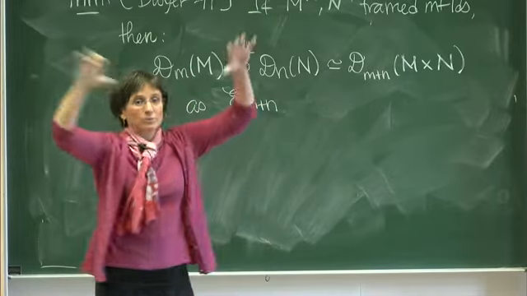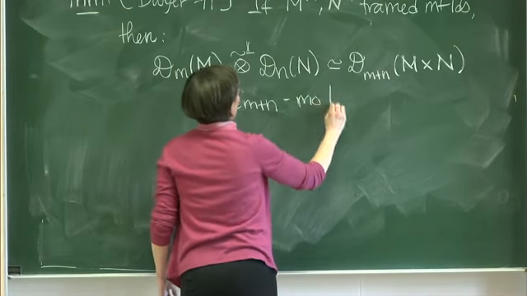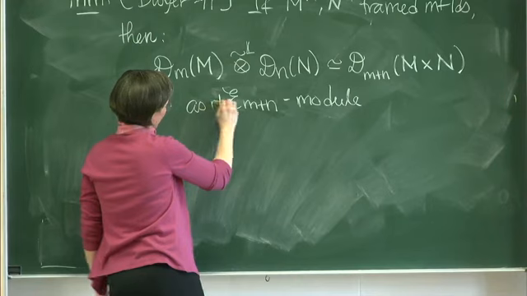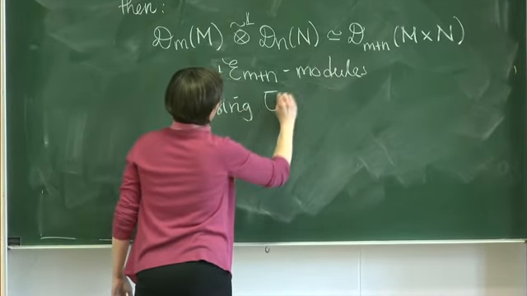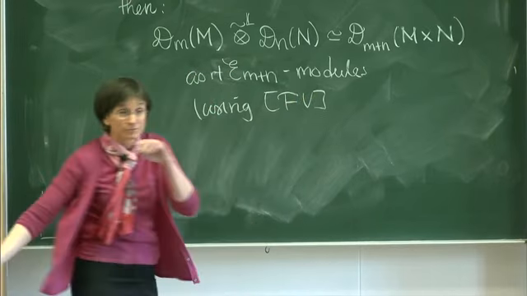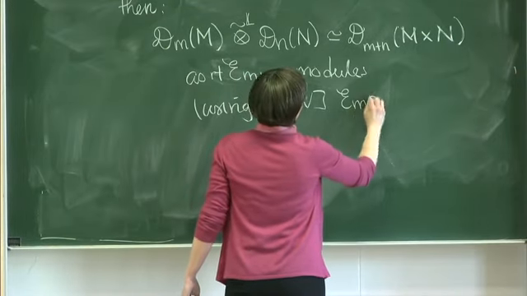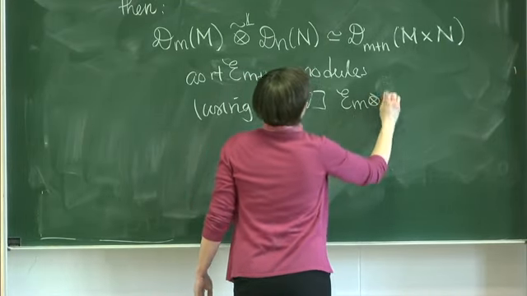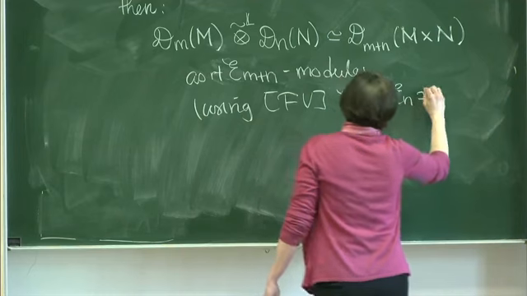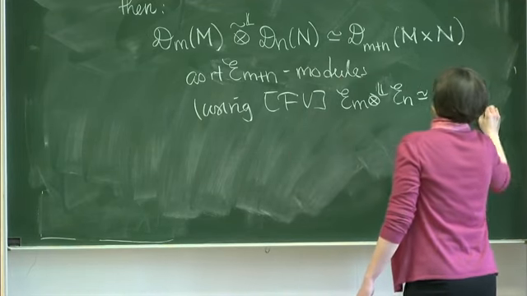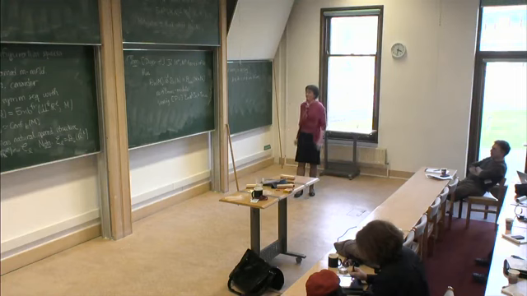So this is in some appropriate sort of infinity context. It's right E_(M+N) modules. This is using the result from Fiedorowicz and Vogt that I mentioned before, the fact that if I take a left-derived version of this, I get this. That's how I can even make sense of this.